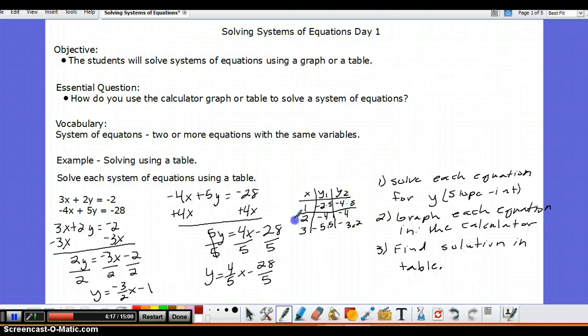And so this is my solution right here, where the y values are the same. So the solution to this is 2, negative 4. Alright, so now we're going to go on to the graphing part. I'll go over those steps.